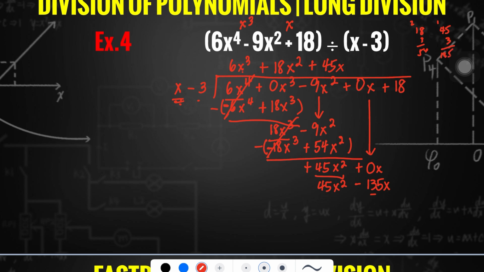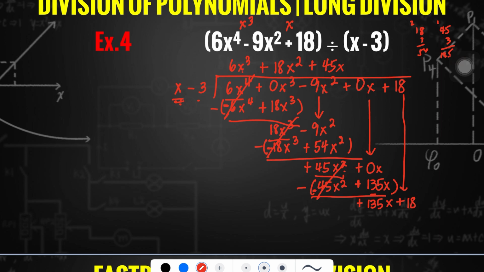So 135x. And then subtract them. This one will become negative while this becomes positive. 45x squared minus 45x squared, 0. 0x plus 135x, 135x. Bring down 18. Sorry guys, this is the longest problem for this session.